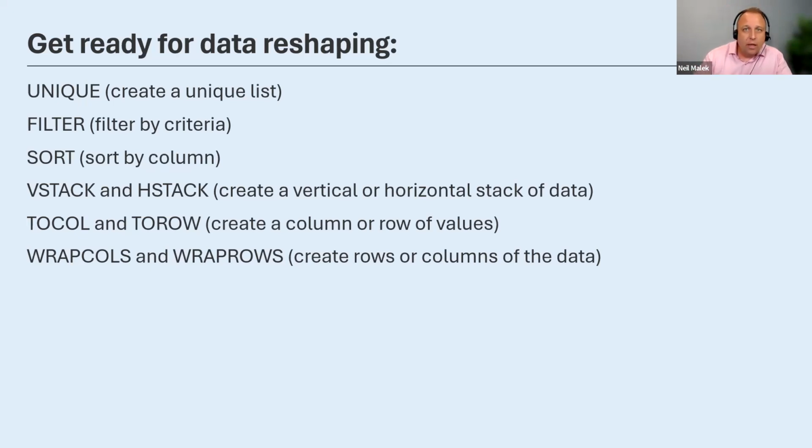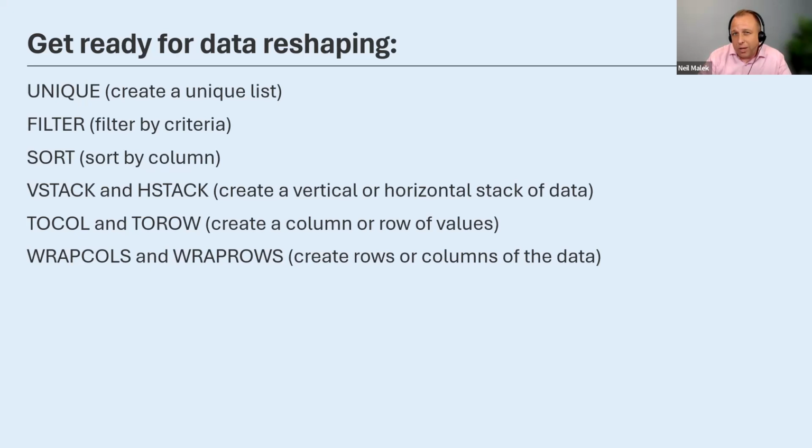TOCOL, right? You take a whole bunch of data, you turn it into a column. TOROW, you take a whole bunch of data, you turn it into a row. Really, really interesting. And then finally, WRAPCOLS and WRAPROWS. If you have a really wide data set or a really tall data set, and you want to make multiple rows out of it, you can wrap it into rows.